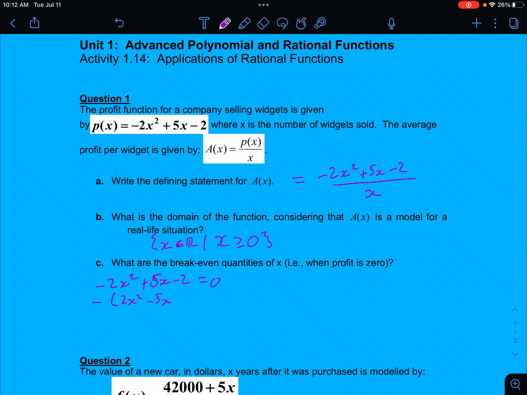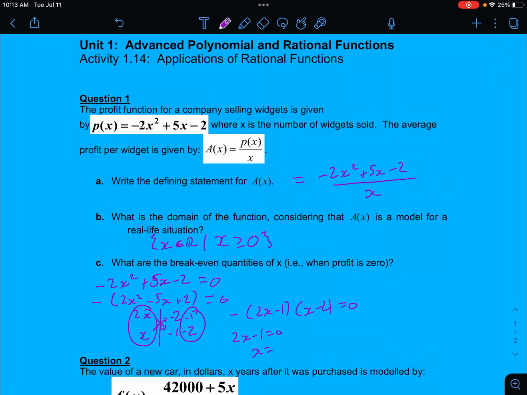So you have negative 2x squared is now this plus, so it's now like this. What multiplies to make 2 is 2 and 1, or 1 and 2. What multiplies to make 2x squared is 2x and x. And what we're trying to do is we crisscross to make 5. And these are both going to be negative. So it's going to be this and this, which means my bracket is negative 2x minus 1 and x minus 2 is equal to 0.